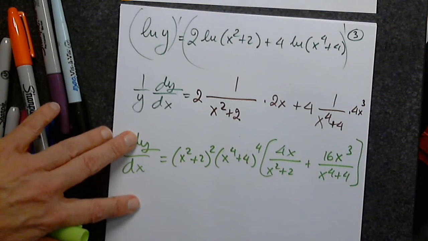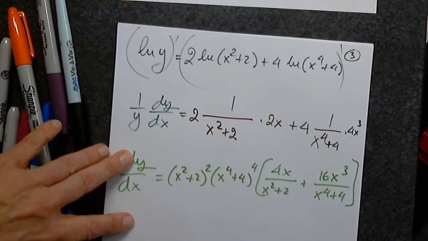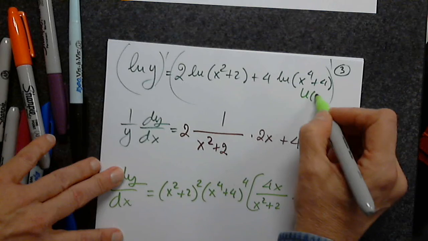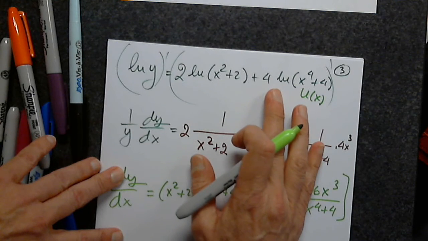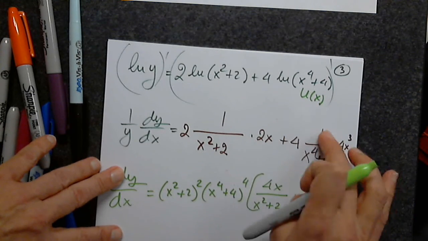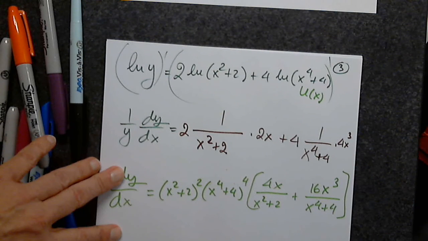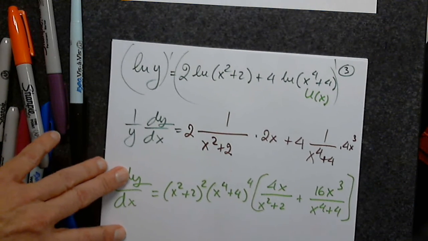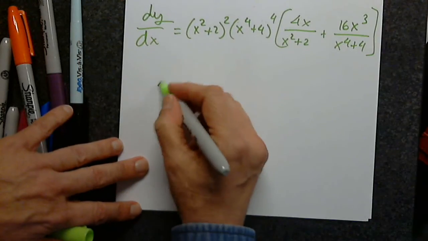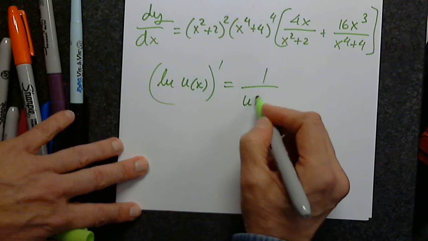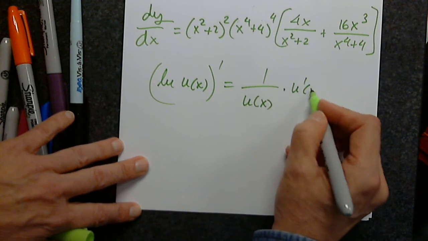Where did the 4x to the third come from, all the way on the right? The inside function prime. So this is a function u of x. When I differentiate natural log of a function, it's 1 over the function times the function prime. So natural log of u of x prime is 1 over u of x times u prime of x.